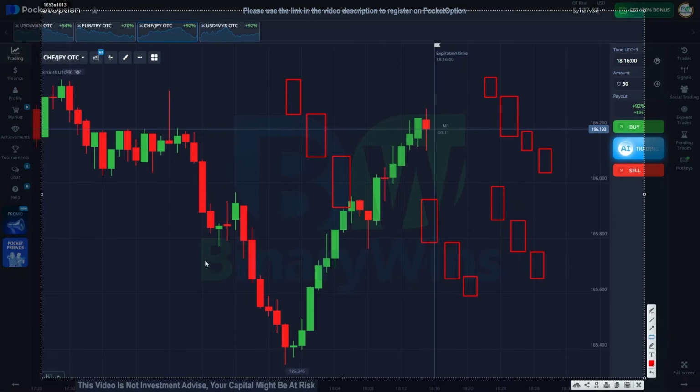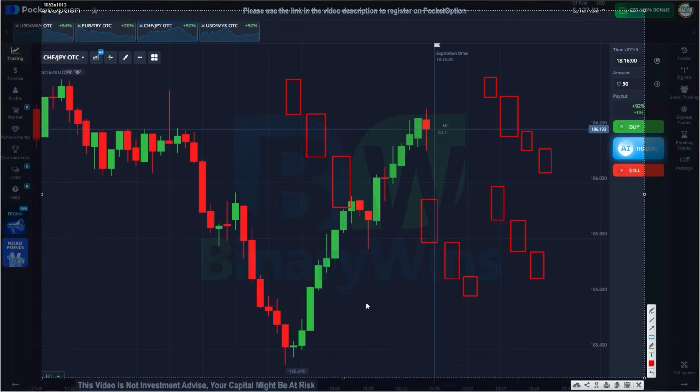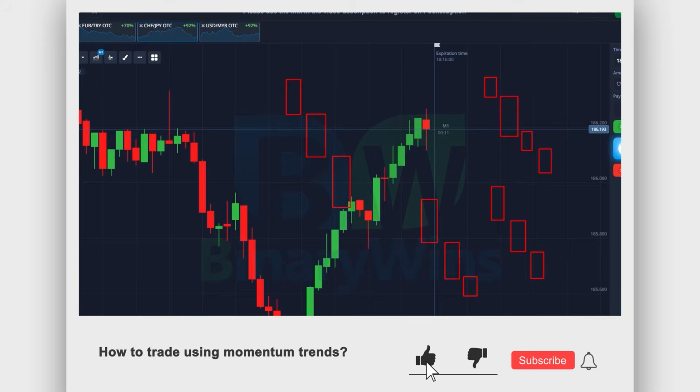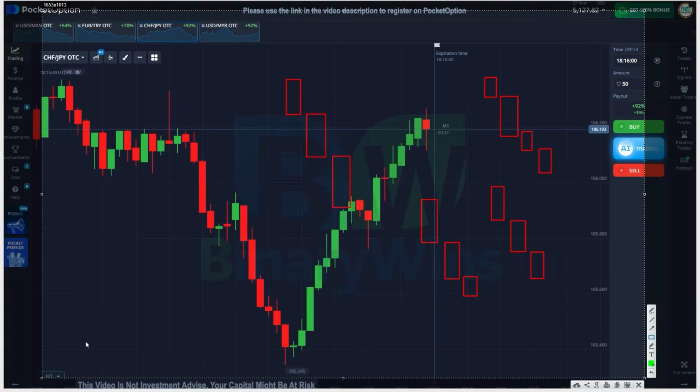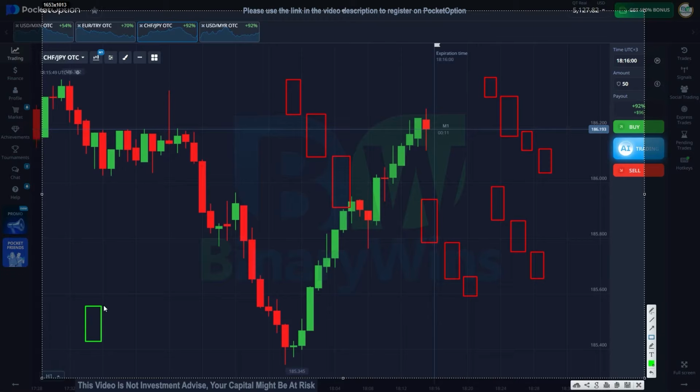To enter a trade in continuation of momentum trends, it is better to enter the trade preferably after the 4th candle.